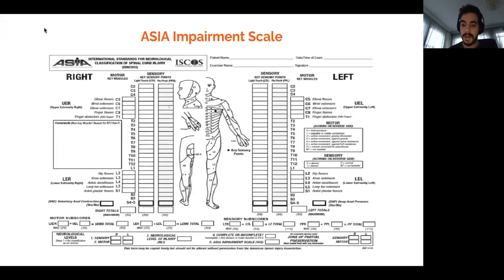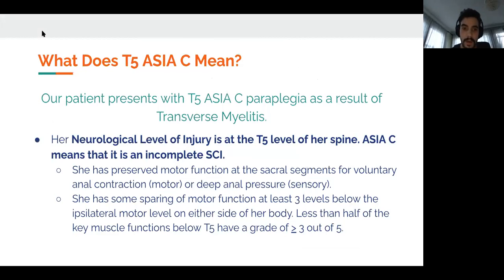This is a typical Asia scale score sheet, and you'll learn plenty about it in clinical neuro. So her neurological level of injury is at T5, and she's Asia C, meaning that it's an incomplete transection of the spinal cord.